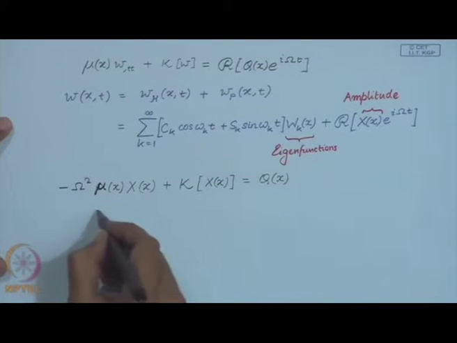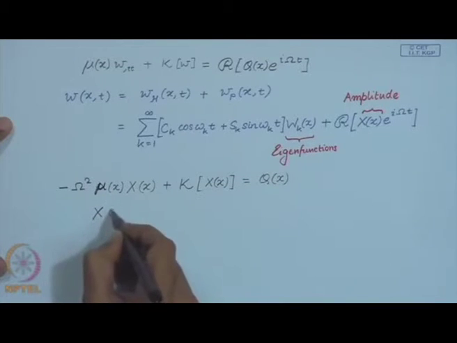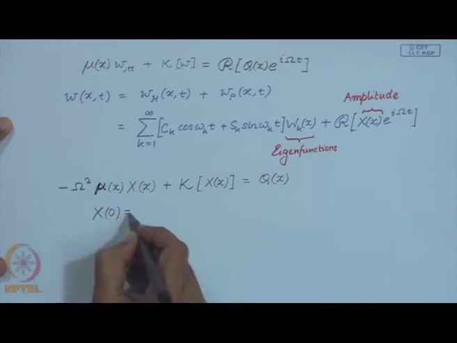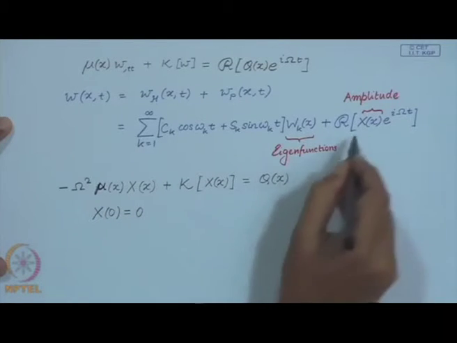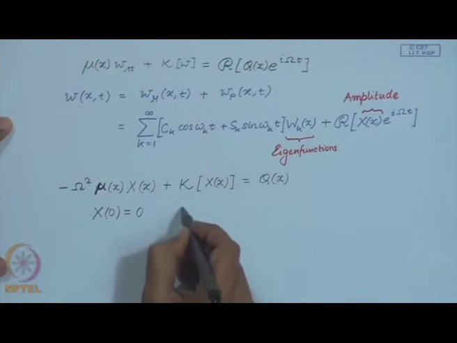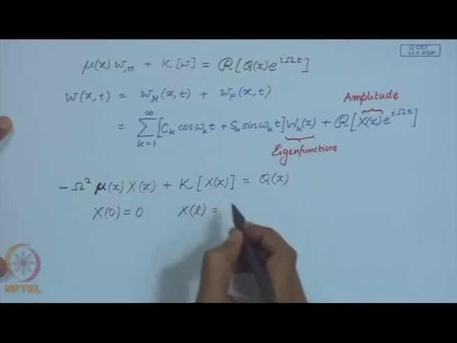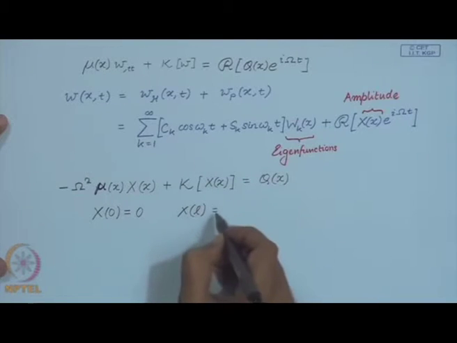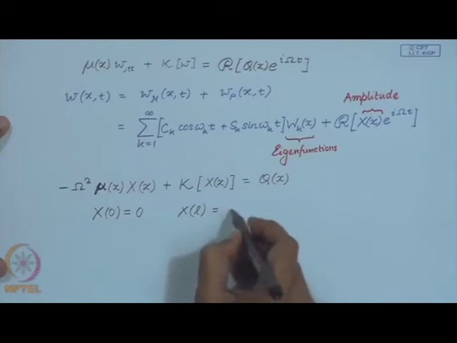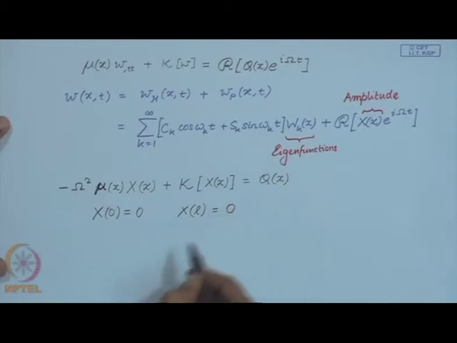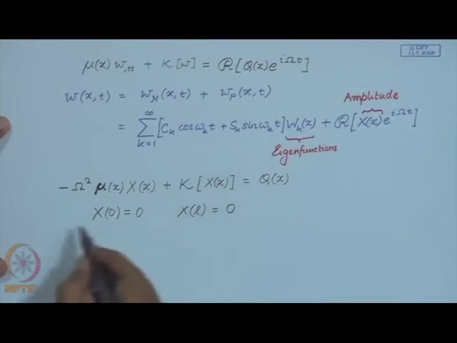Along with this, you also have the boundary conditions which this amplitude function must satisfy. This comes from the boundary conditions which we wrote out when we formulated the problem.